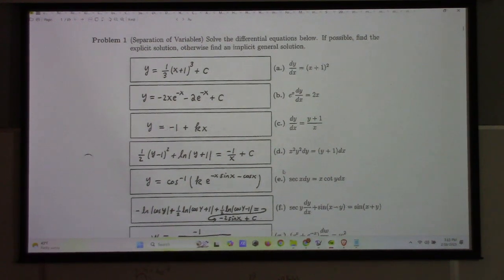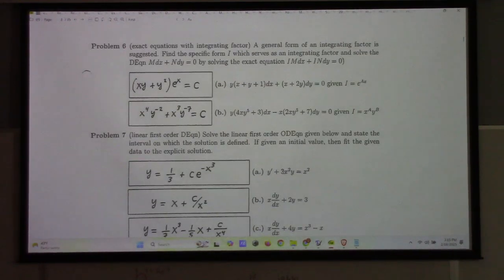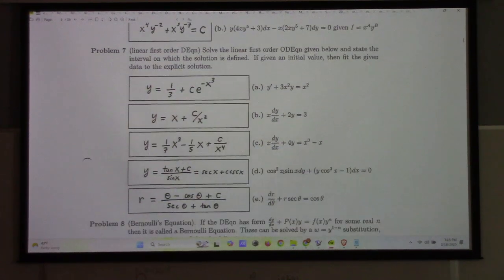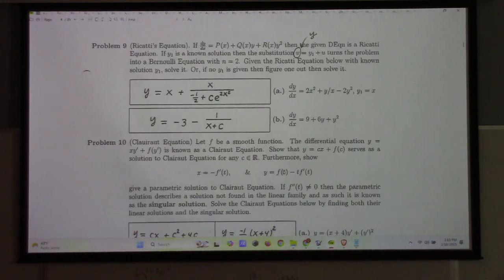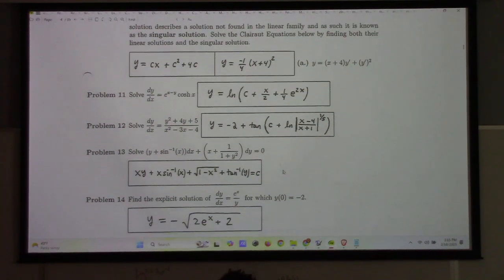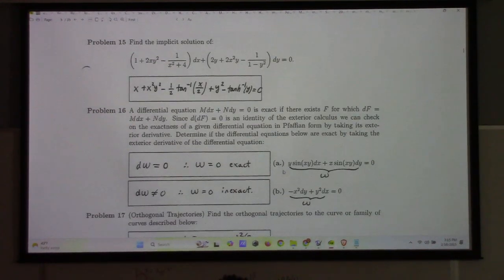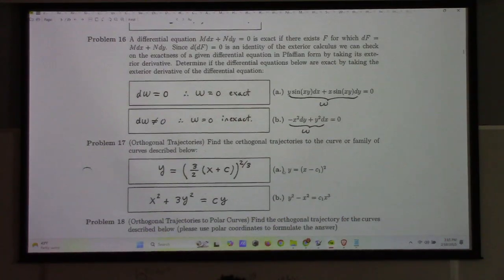So you guys remember the deal. We can check for exactness by taking the exterior derivative of the differential equation.